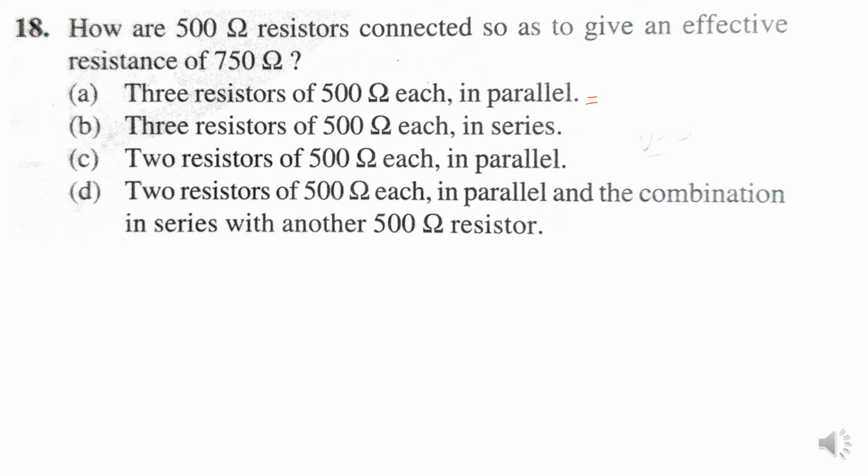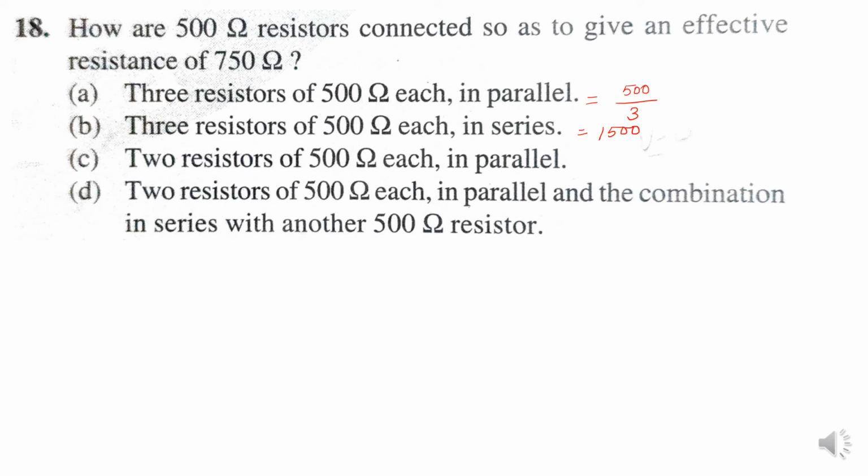Each in parallel means the resultant is 500 divided by 3, so the value is not equal to 750. 3 resistors of 500 ohm each in series, at that time also we get the summation of 1500.